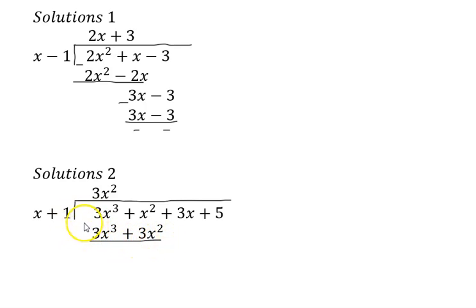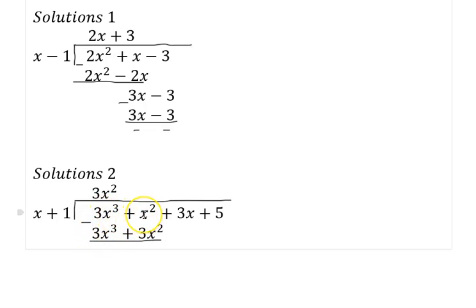So let's subtract. Let's use this as our minus. Awesome. So let's subtract 3x cubed minus 3x cubed. That one will have gone. That will be what? 0. 3x cubed minus 3x cubed. That one has gone. 0.